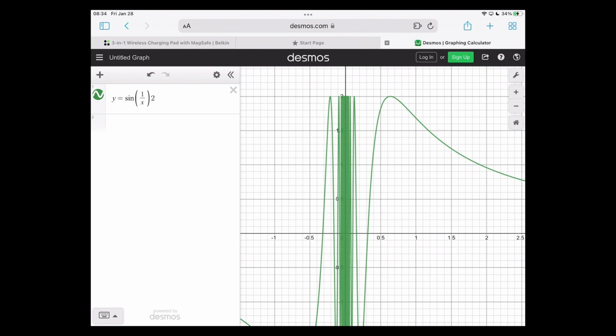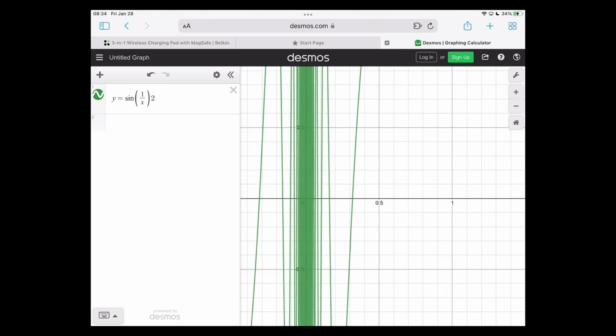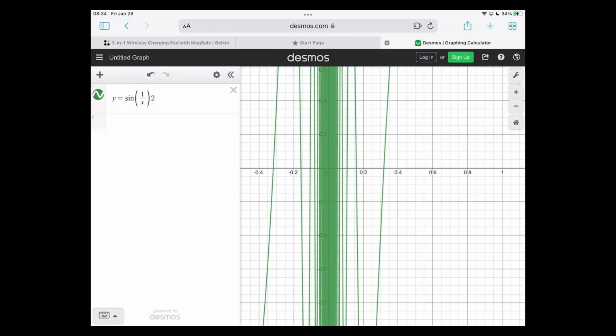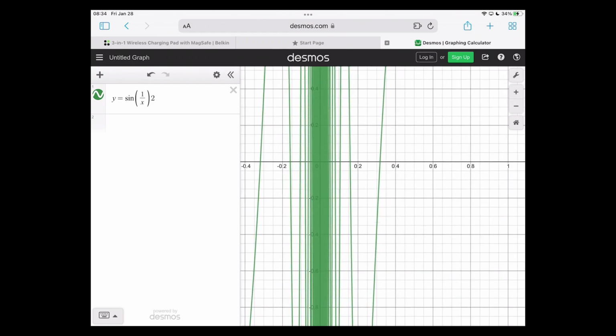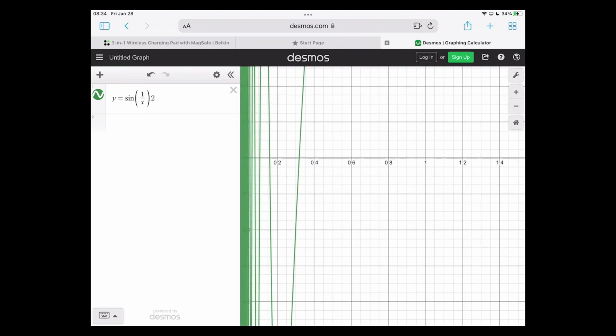So what I need to do is zoom in so that we have 0.5 to negative 0.5 in our viewing window, and it'd be like this.